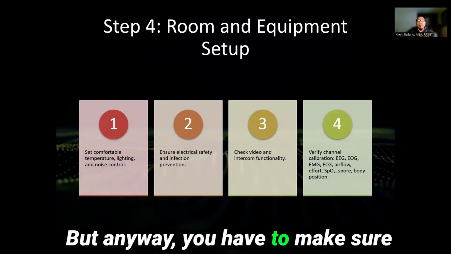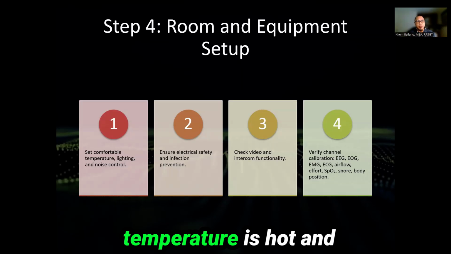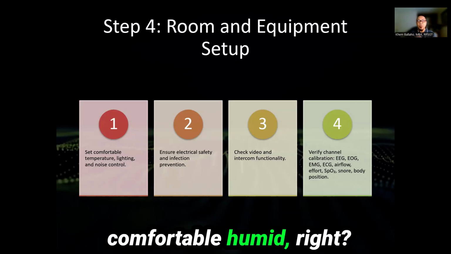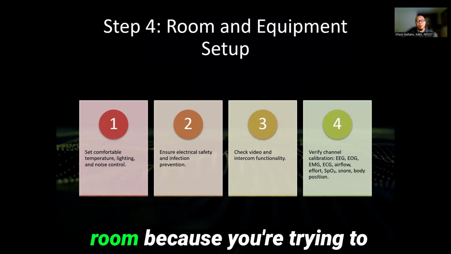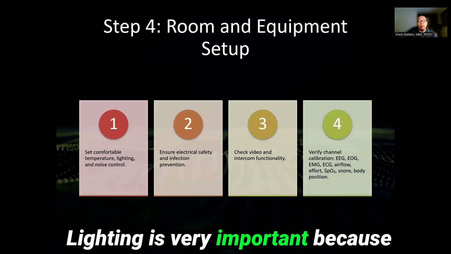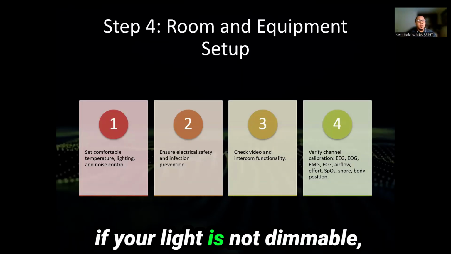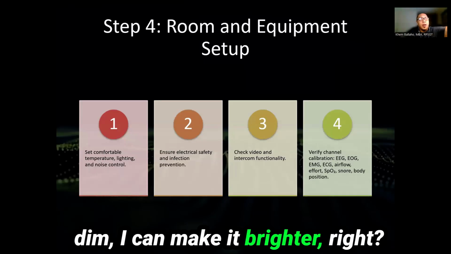But anyway, you have to make sure that the rooms are comfortable, temperature is good, because people cannot sleep if the temperature is hot, uncomfortable, humid, right? So typically sleep rooms have AC. You can't have an uncomfortable room because you're trying to have the patient fall asleep. Right? Lighting is very important because if your light is not dimmable, like my light right now, I can dim and I can make it brighter, right?